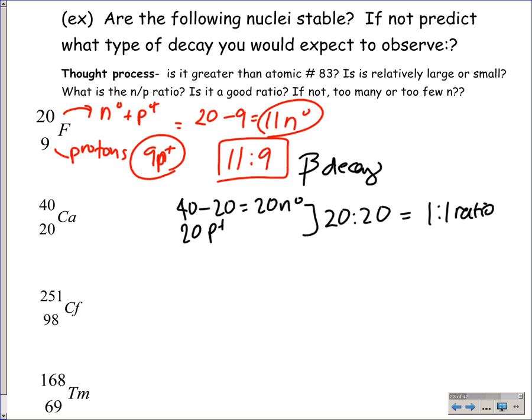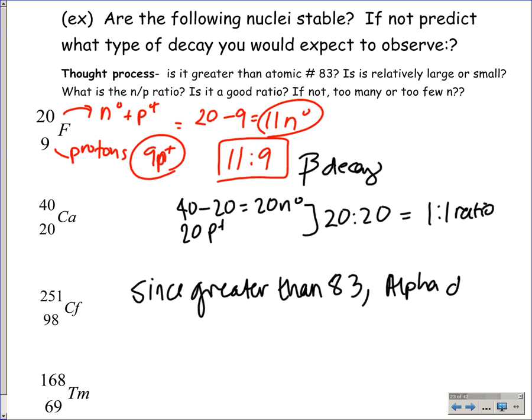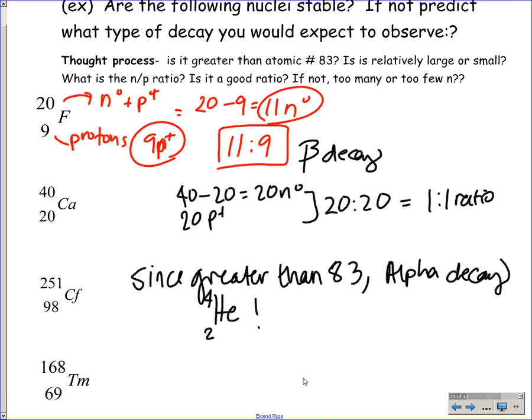The way you do that is through alpha decay, because you can get rid of 4 mass units at the same time. And remember, that's a helium nucleus, because you can get rid of these things very quickly by emitting a helium nucleus.